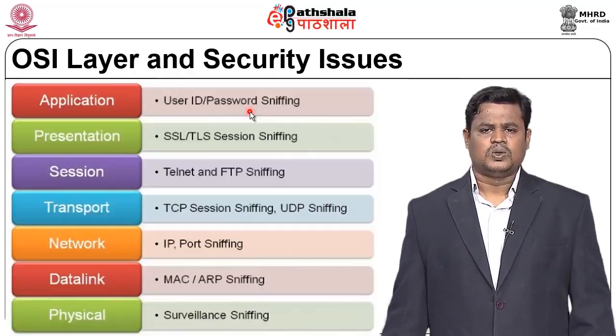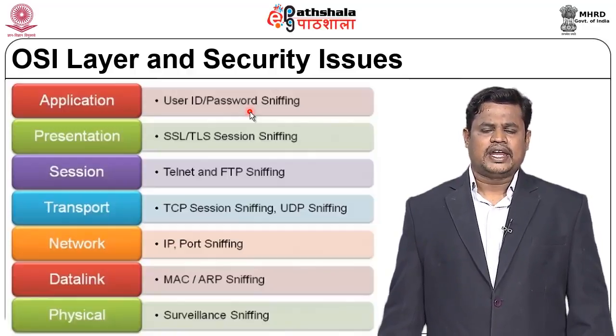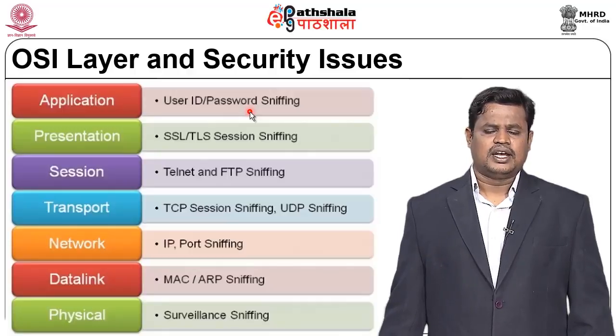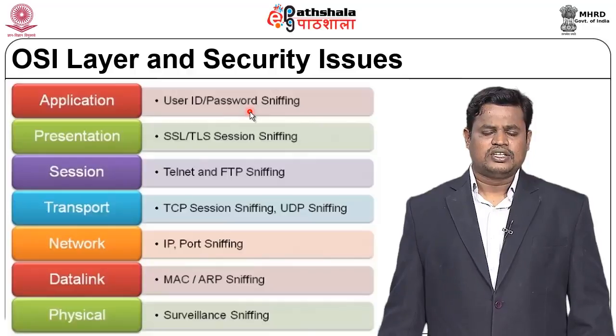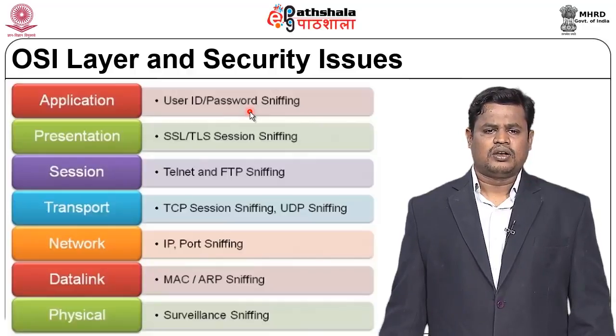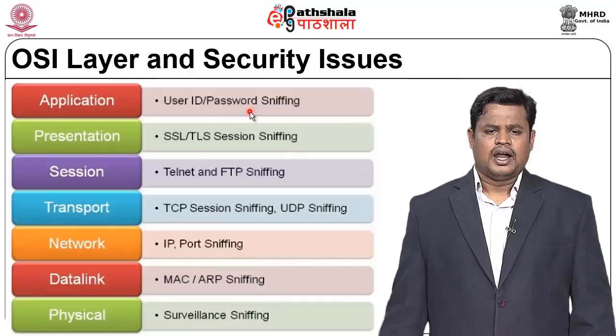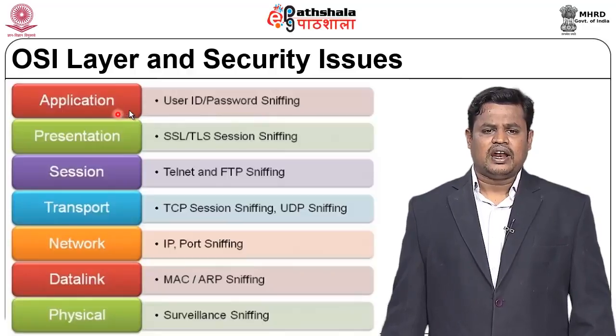Only then can we understand how to protect the data, even when there are security vulnerabilities, maybe even an attacker. We will keep monitoring what is happening, so I can protect my data from the attacker. For that we need to understand each and every layer and what kind of security issues may happen.